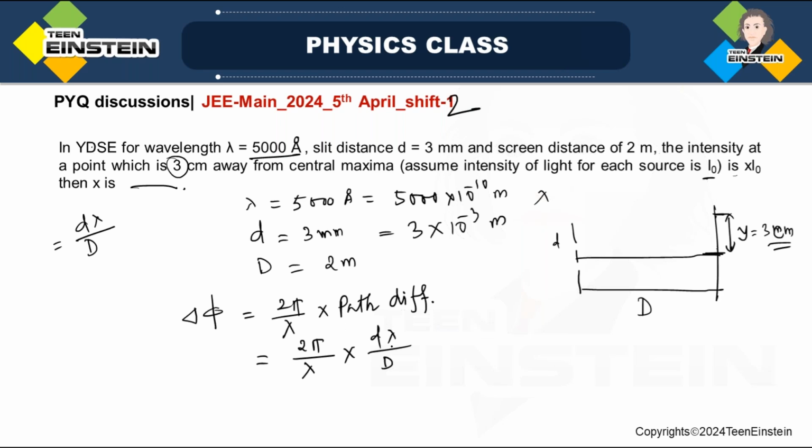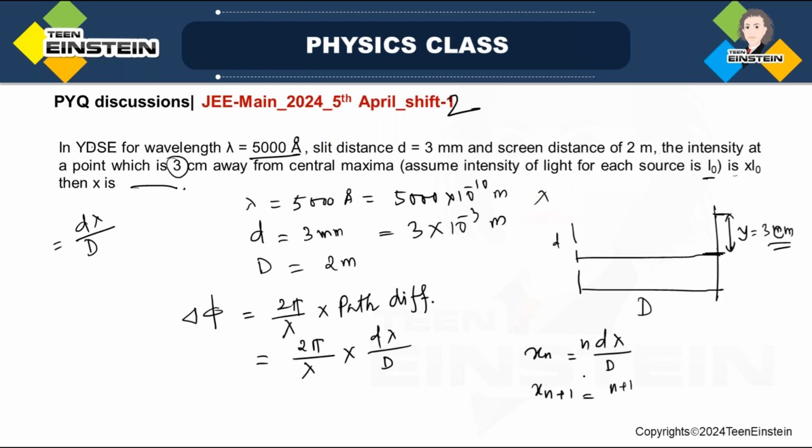So I have to put the values here. What we know is, let me write once again, xn is equal to d lambda by capital D, and xn plus 1 is equal to, if this is n lambda, this is n plus 1.